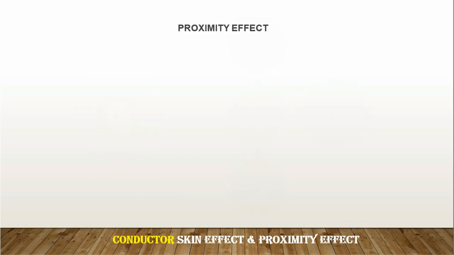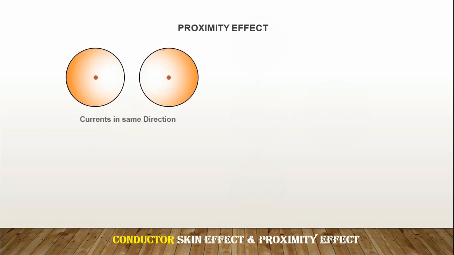Another effect is called the proximity effect. When we put two cables beside each other, there will be an effect from one cable on the other, depending on the direction of the current.